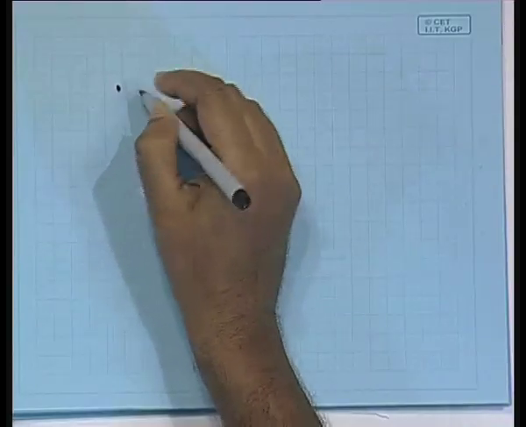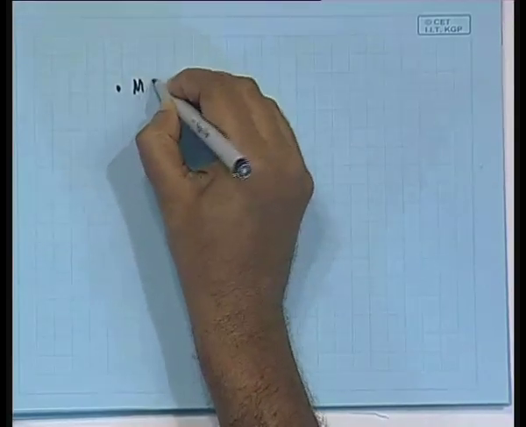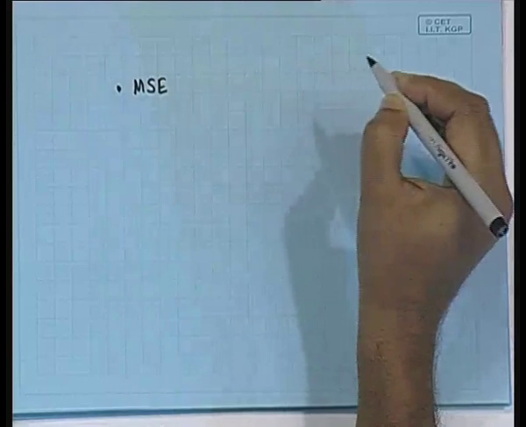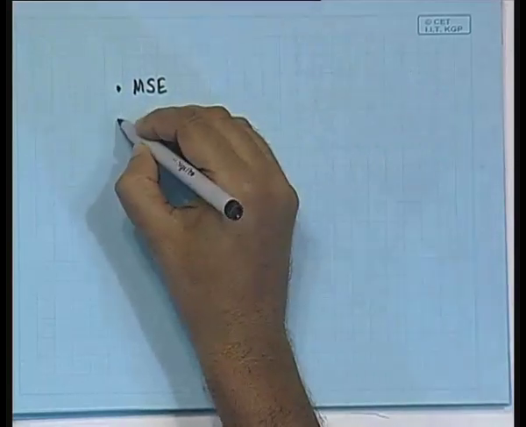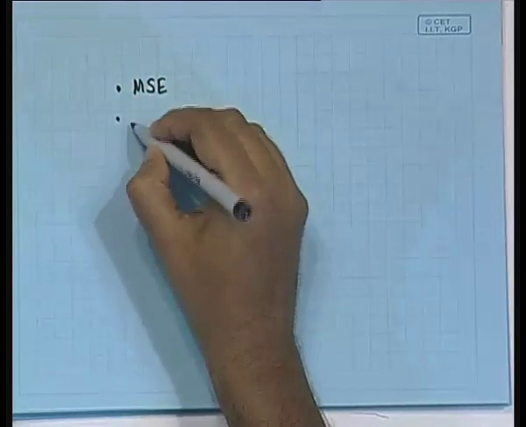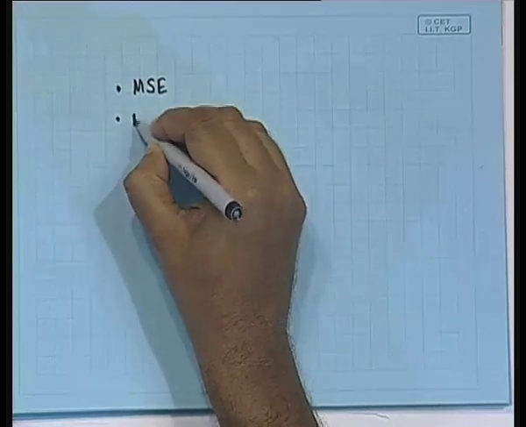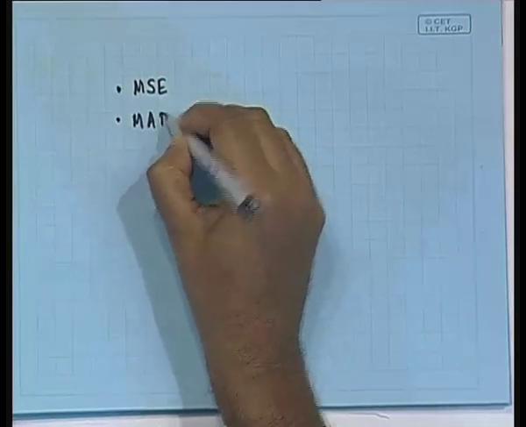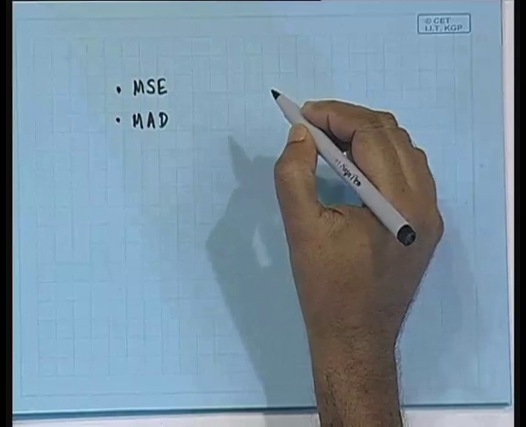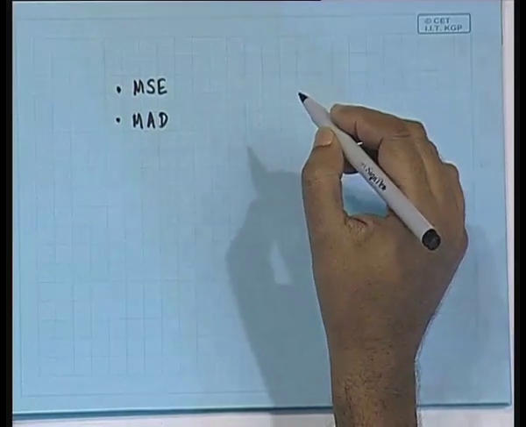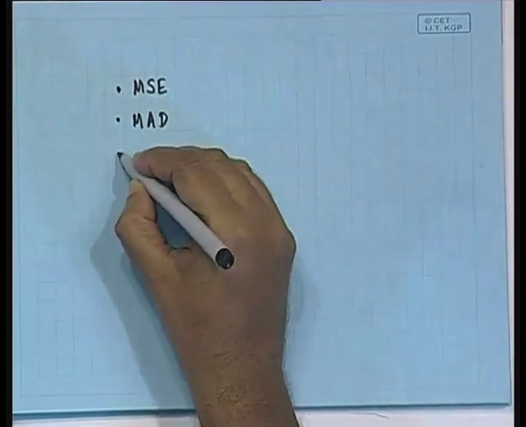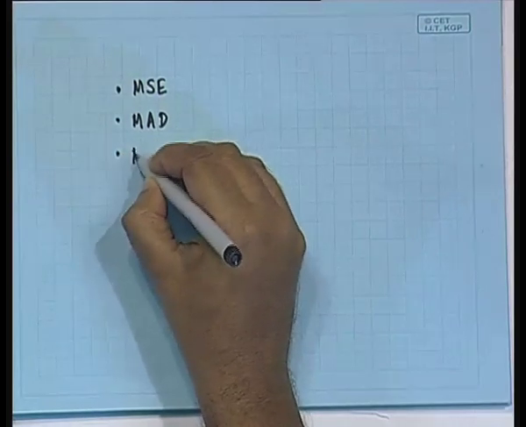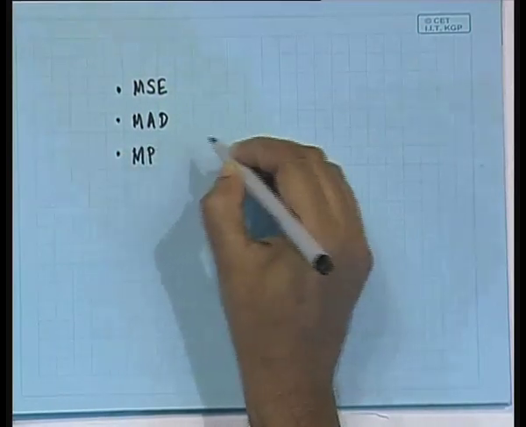Two of the measures we discussed are the minimum mean square error, and the minimum of the mean absolute difference. So, the MSE criterion and the MAD criterion.